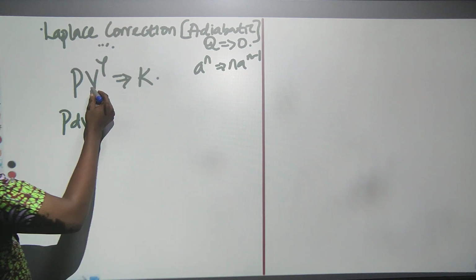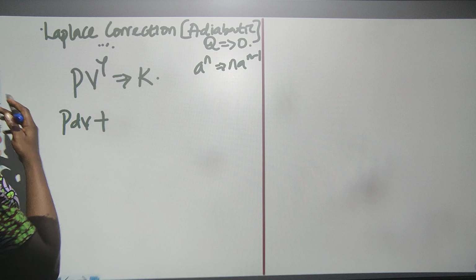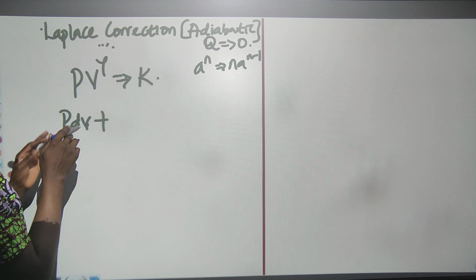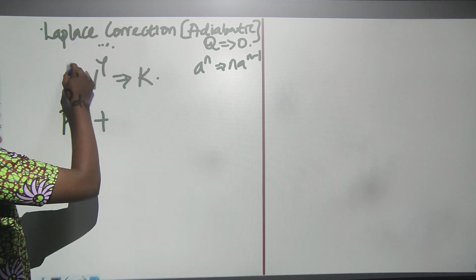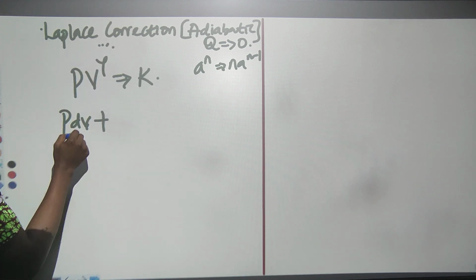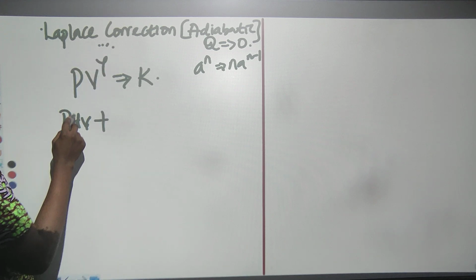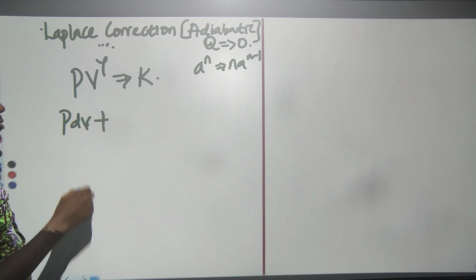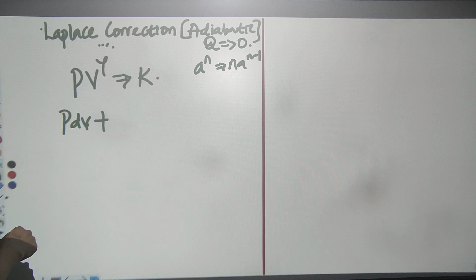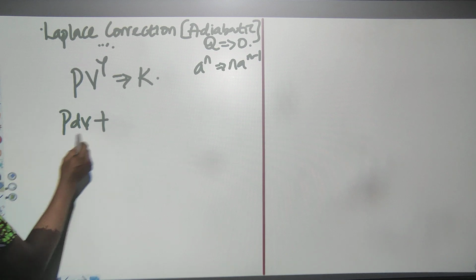I want to do the same thing to V raised to power gamma. So P dV, I'm taking P as a constant, plus, look at what I'm doing, guys. Let me not make mistakes so that you will be able to understand this.